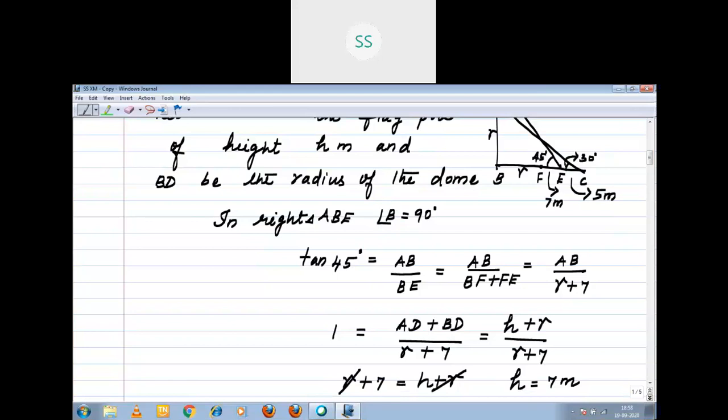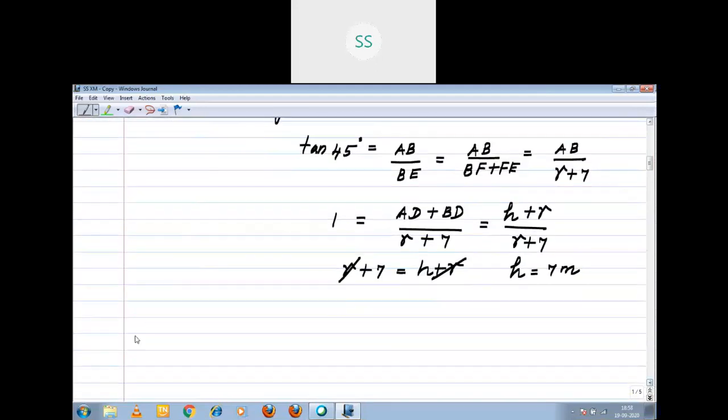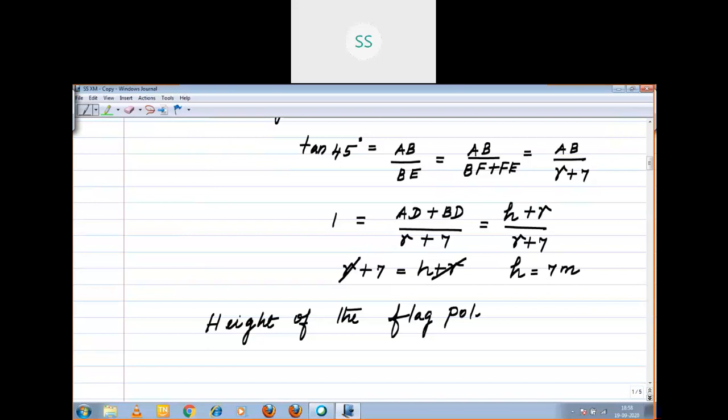Say yes or no? Yes. Height of the flagpole equal to 7 meter. Then what are they expecting? Radius also they are expecting, right?